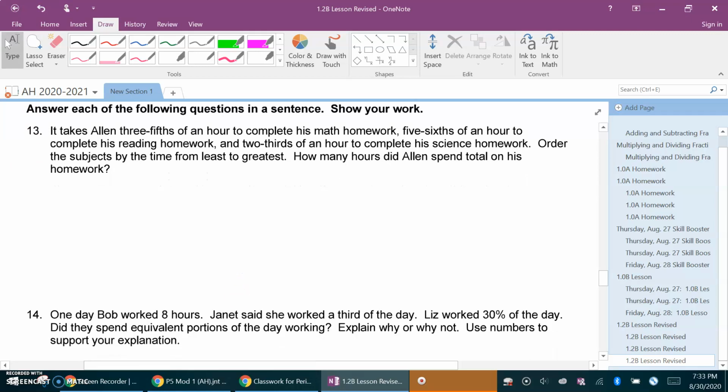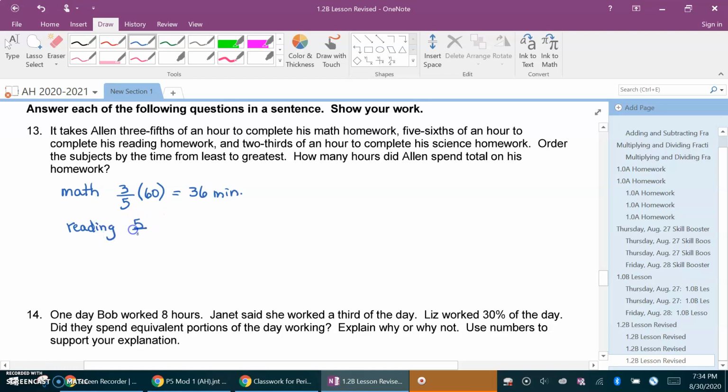So it says that it takes Alan 3/5 of an hour to complete his math homework. So if we're dealing with math homework, an hour has 60 minutes. So you are looking at 36 minutes. Then it says it takes 5/6 of an hour to complete his reading homework.